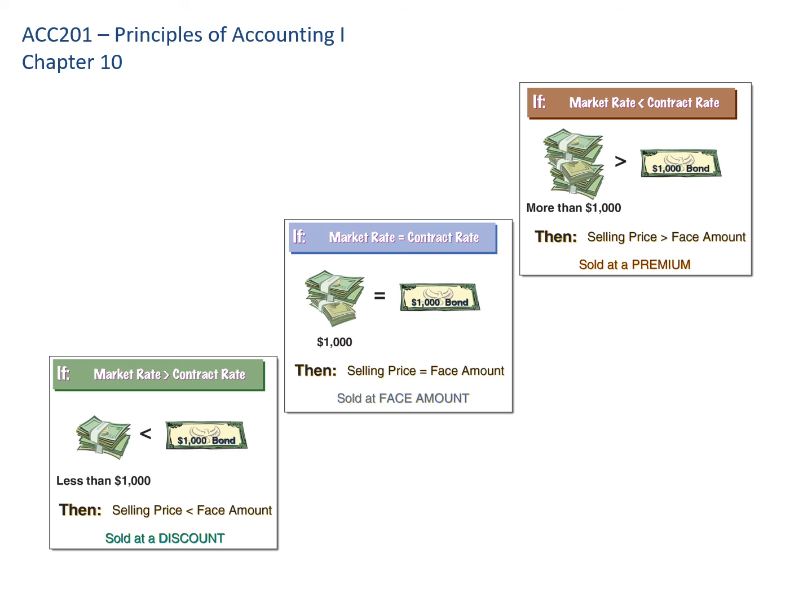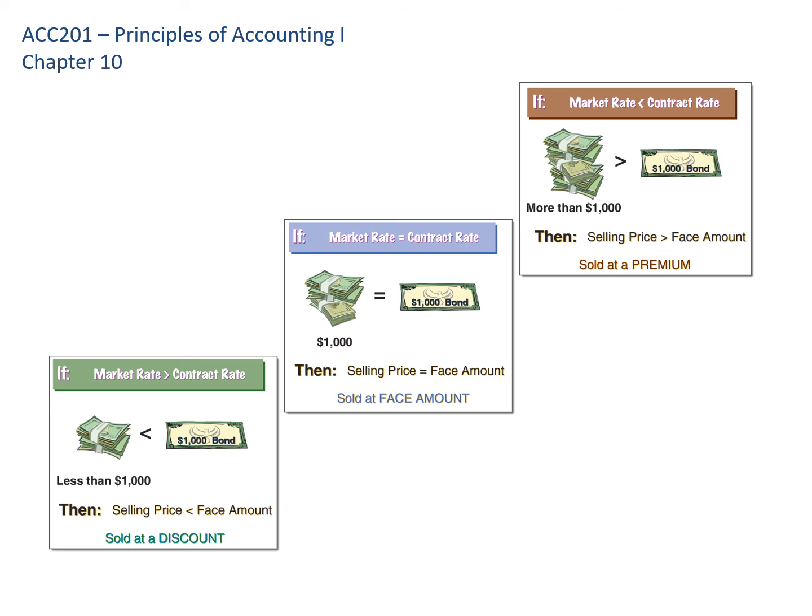So in that case, they would pay less for the bond. So they might pay $950 for that $1,000 bond. They'll still get the interest based on $1,000 on the contract amount. They'll still get $1,000 back when the bond matures, but they'll pay less up front. So the entity that issues the bond will have sold it at a discount. They'll get less money than what they owe.